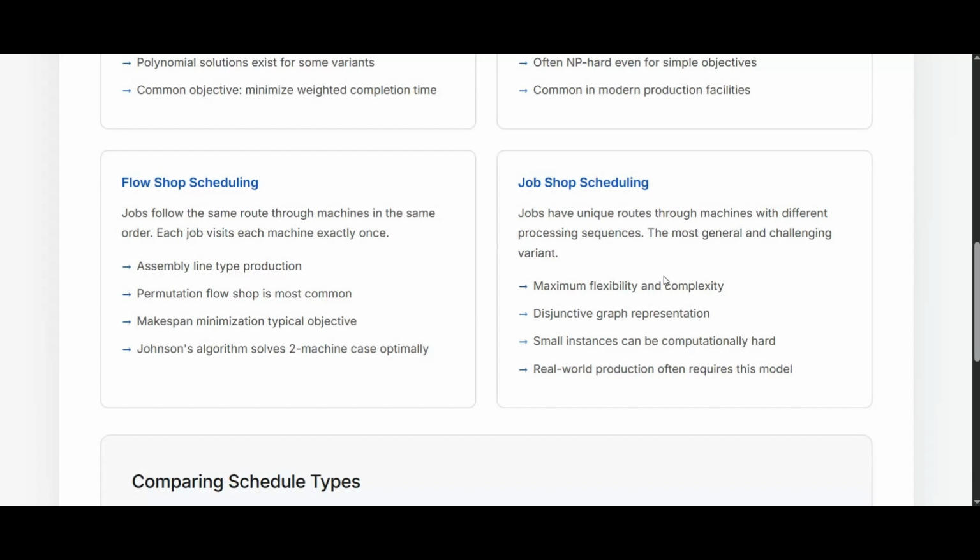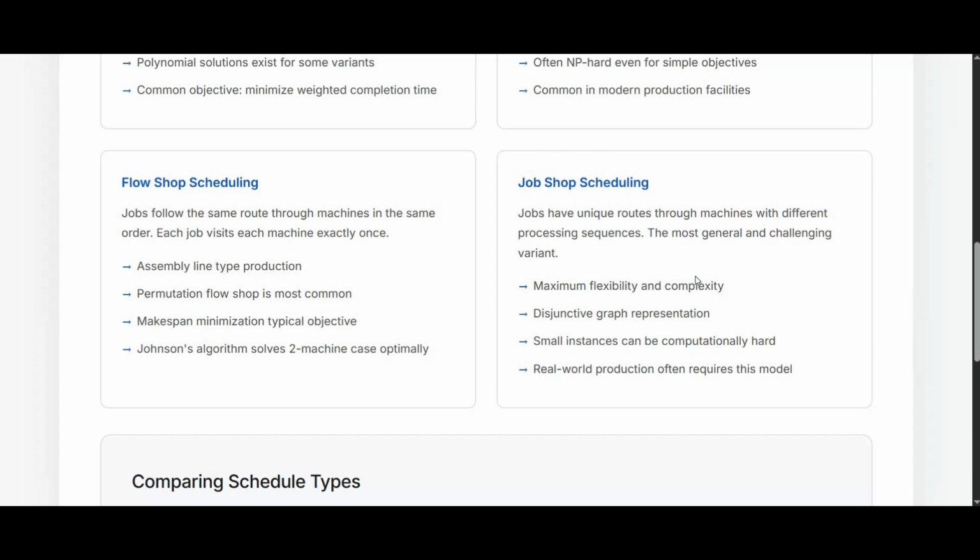And here, job shop scheduling. This one's the most general and toughest. Each job can have its own route through different machines. Job 1 might go A to B to C, while job 2 could go B to A. This setup gives maximum flexibility, but also the most complexity.